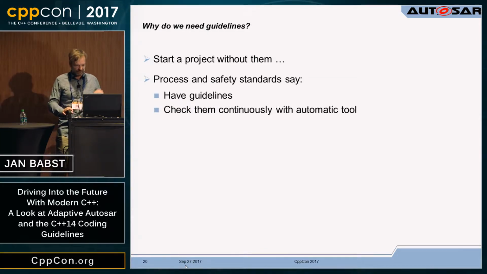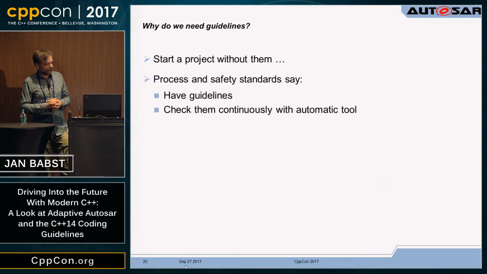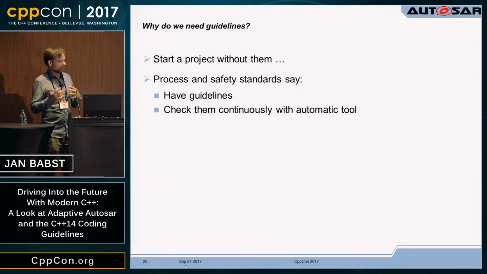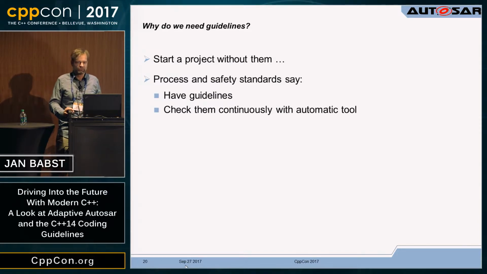Sometimes they have other questions. And next thing is project managers will ask for it. Quality engineers will ask for it. And you have, again, processes and safety standards, whatever you have to adhere to. So they usually require you to have guidelines and to check them with an automatic tool and so on. But it's not a sufficient reason to just do it because you have to.